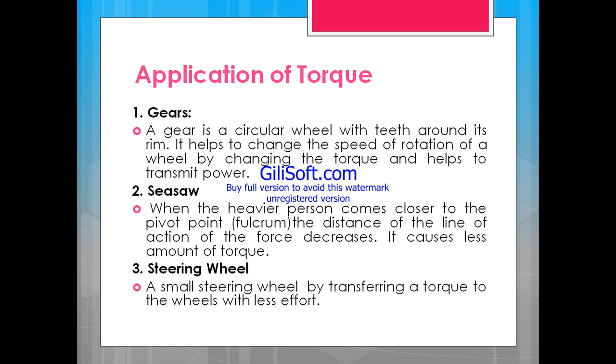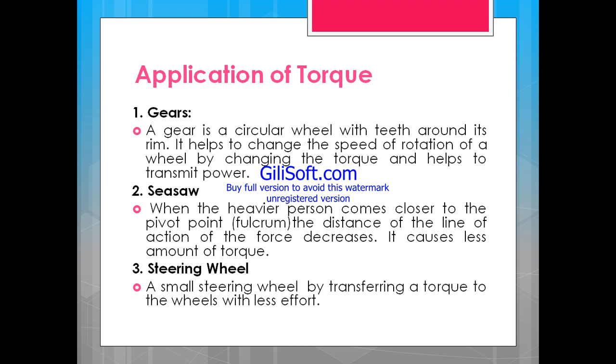In applications of torque, we are going to see three parts: gear, seesaw, and steering wheel. So where is the torque implemented? First thing, gear. You all know about gears in vehicles, mainly cars and other vehicles like buses, lorries, and trucks.